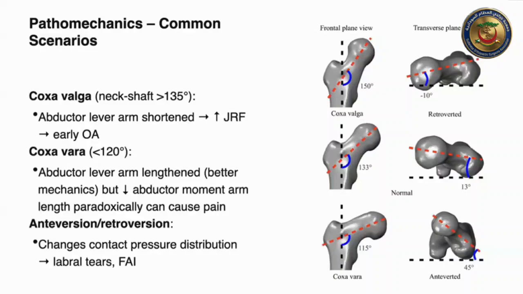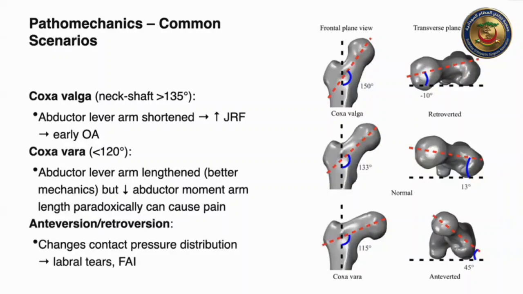There are some deformities in the hip that might affect the joint reaction force, like coxa valga, when we have a valgus angle, a neck shaft angle more than 135 degrees. That decreases the lever arm of the abductor and causes shortening, which increases the joint reaction force and leads to early osteoarthritis. And in coxa vara, the neck shaft angle is less than 120 degrees, so the abductor's lever arm is lengthened, which decreases the joint reaction force.